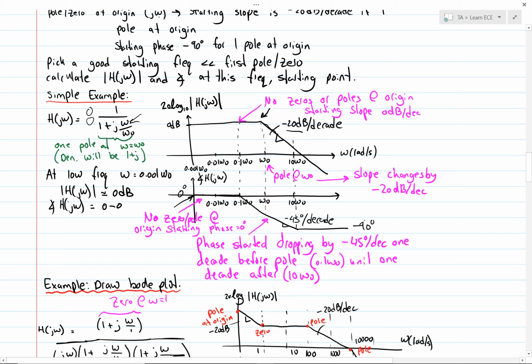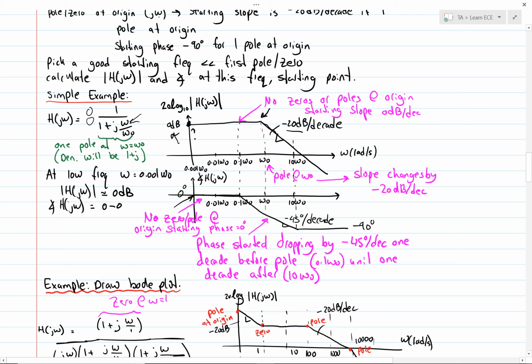The only thing that's missing is we need that reference point. Remember, I told you that every time you hit a pole, the slope changes by minus 20 dB per decade. But we don't actually know what this point is. I've labeled it as 0 dB because I've calculated the transfer function and seen that it's 0 dB at that point. So you would have to do this and see what that value is. So if that's confusing you, I realize I didn't write it.